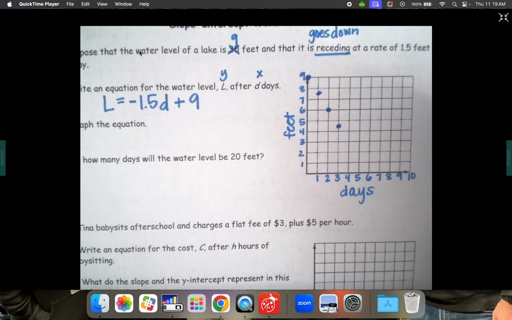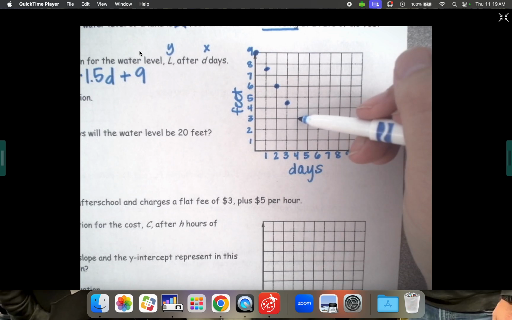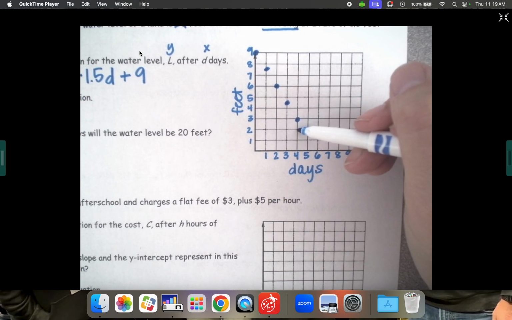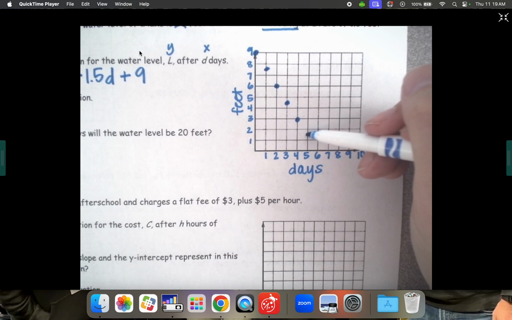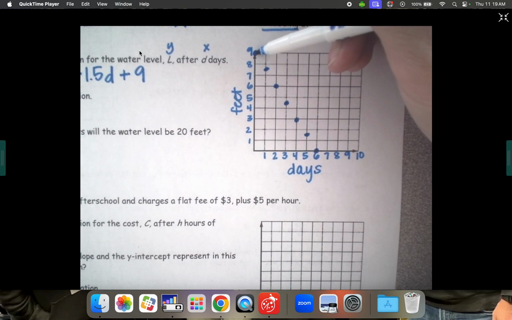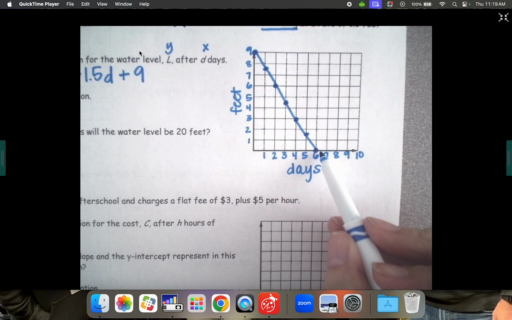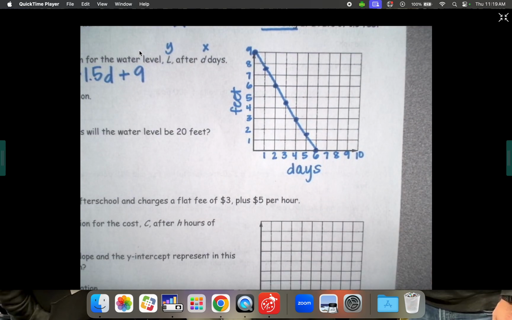And again, we're just decreasing by 1.5 per day. So that means if we go ahead and graph our line, we are completely out of water by day 6.